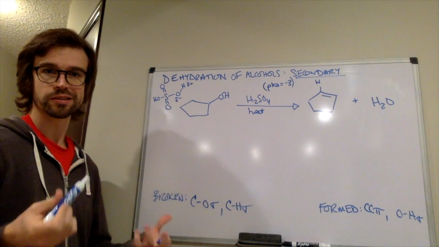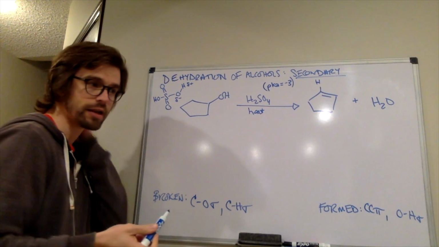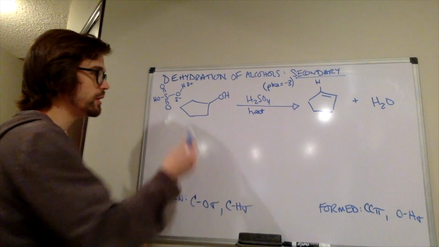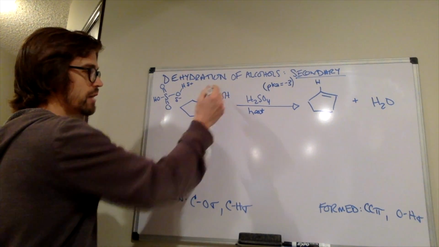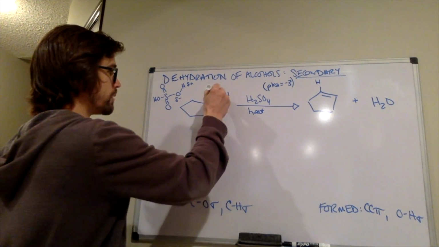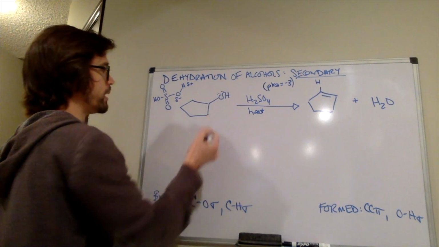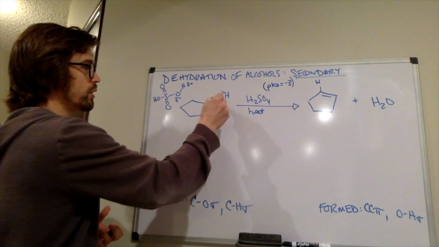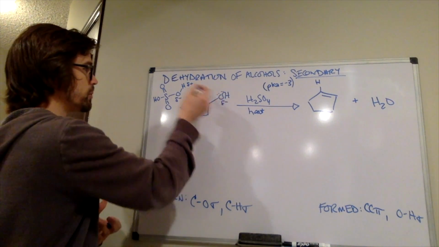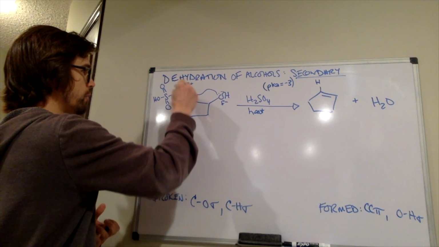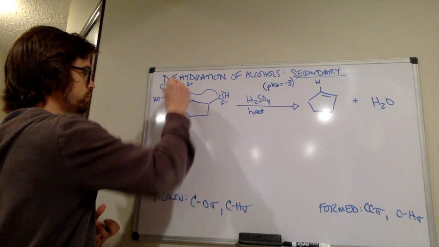And hopefully what you're seeing and what you're writing down even without me telling you is that we need to find the partial negative over here. The partial negative would be on that oxygen. It's the most electronegative atom. It's got two lone pairs. So its partial negative is going to be attracted to that partial positive, and we're going to get a proton transfer.